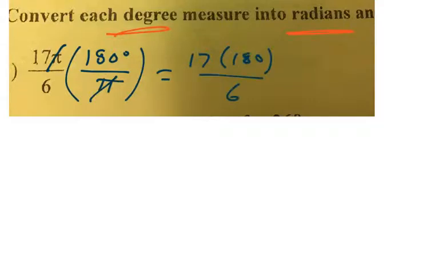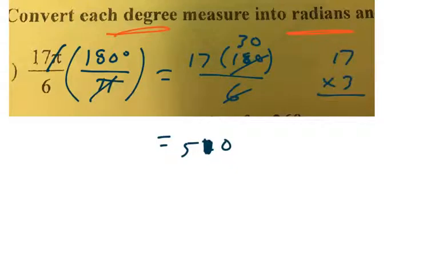You should be allowed to use a calculator, but 180 divided by 6 is 30. And so really the problem is 17 times 30, which is, I'm pretty sure, 520. Actually 510, right? Let me verify that. We'll just do it old school here.